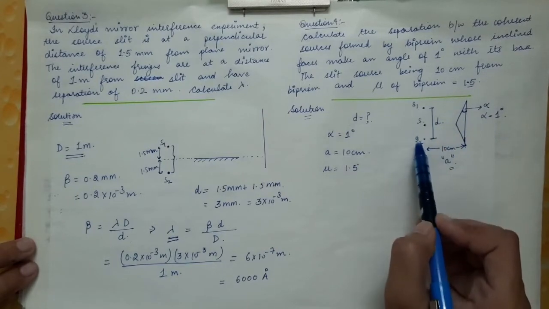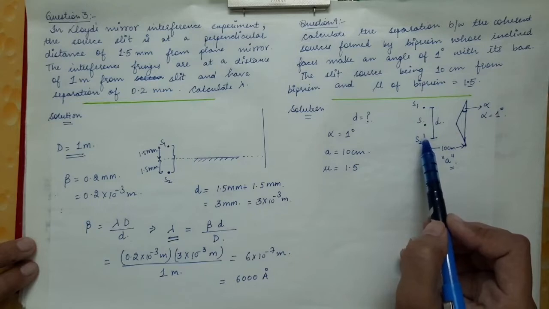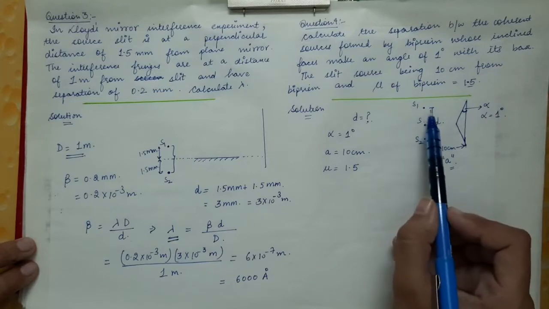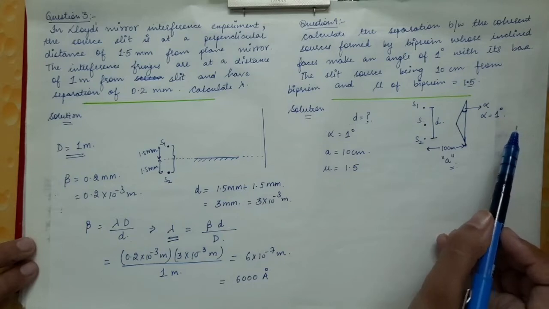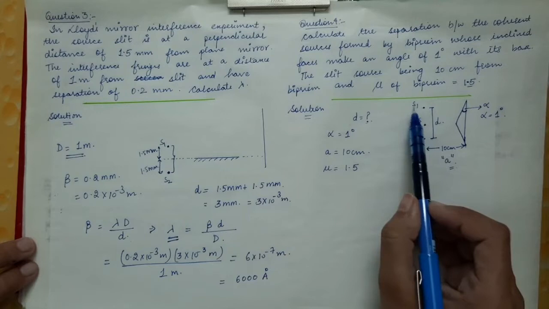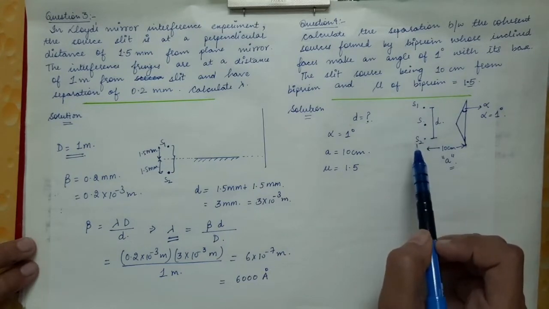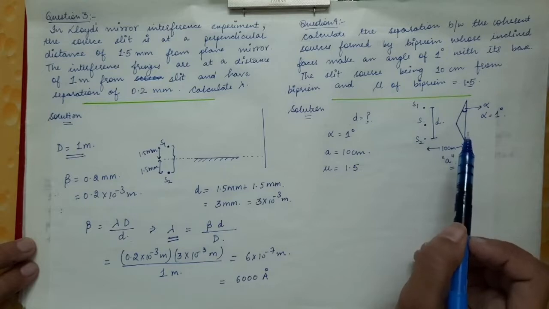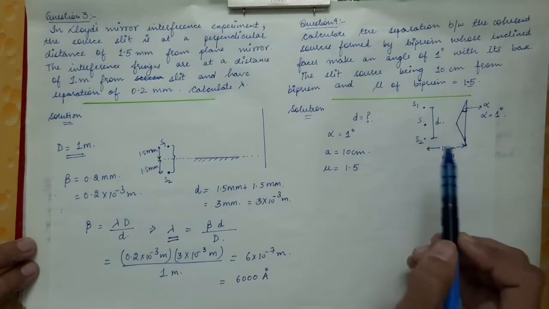These will be the coherent sources, and they will act like the two slits in the Young's double slit experiment. So this whole experiment is similar to Young's double slit experiment, where S1 and S2, the virtual images, act like the slits. So we have to find the separation between these two sources.